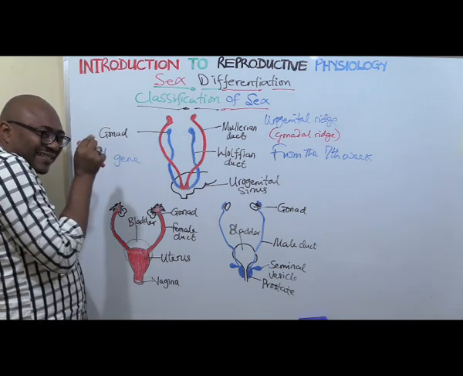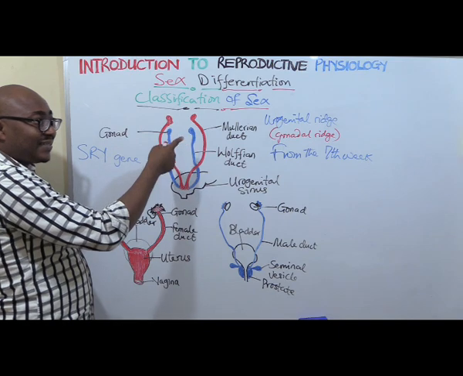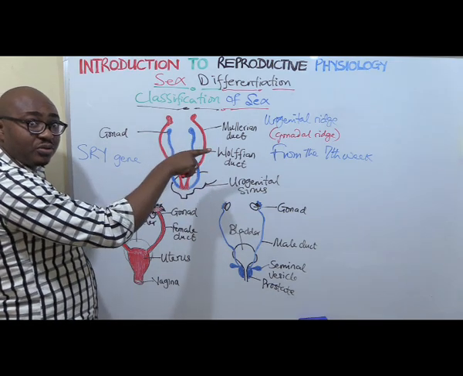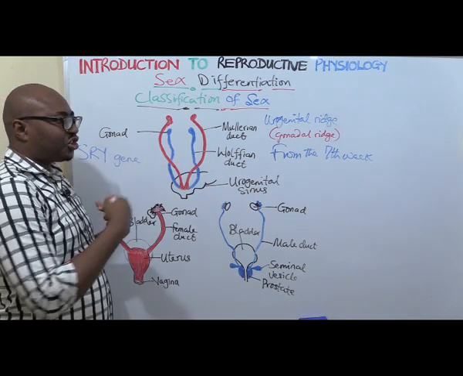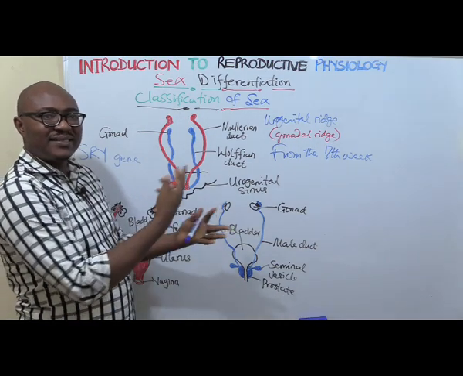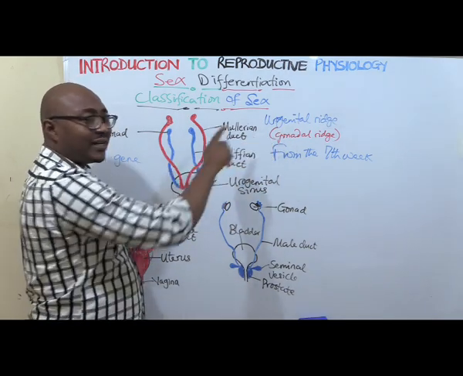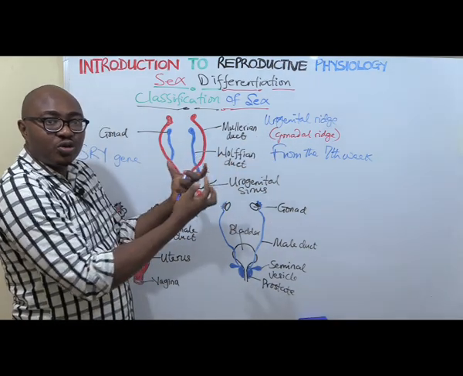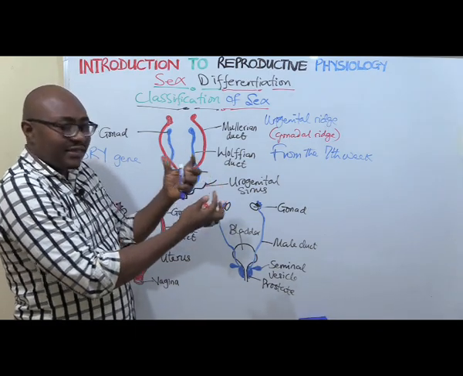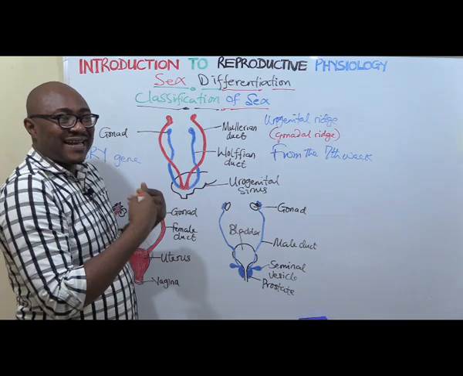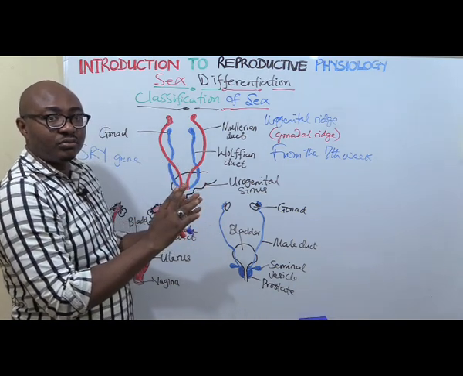So the gene in that part of the DNA is the part that manifests in the differentiation that we're going to talk about now. So the male has this SRY gene. That SRY gene begins to express itself around this gonadal ridge, and it begins to make proteins that will start secreting two hormones.